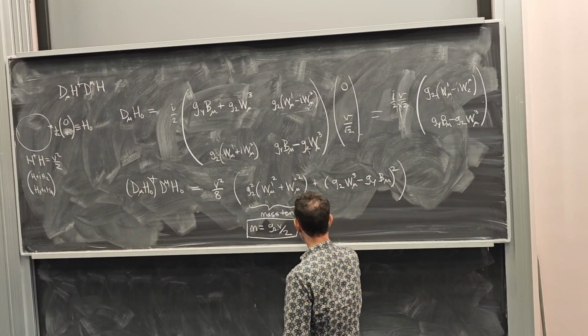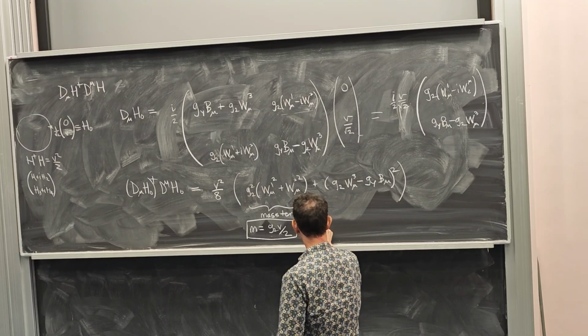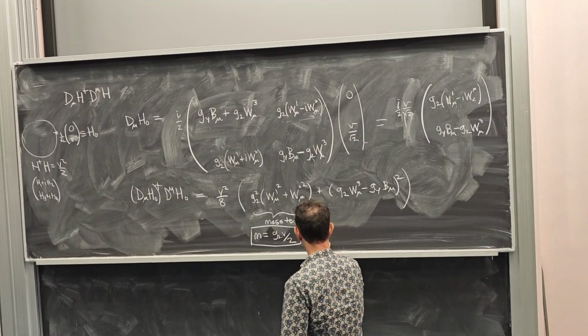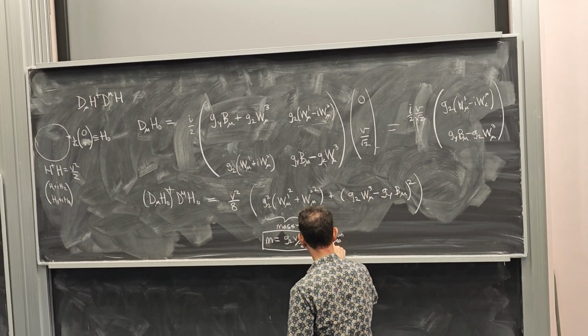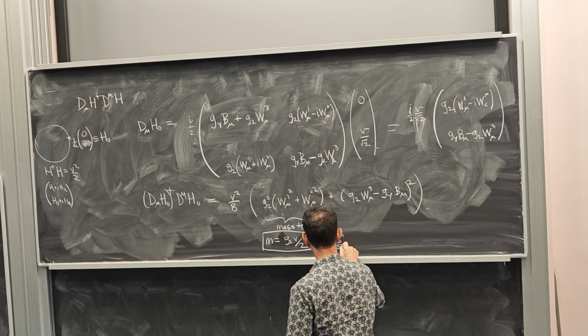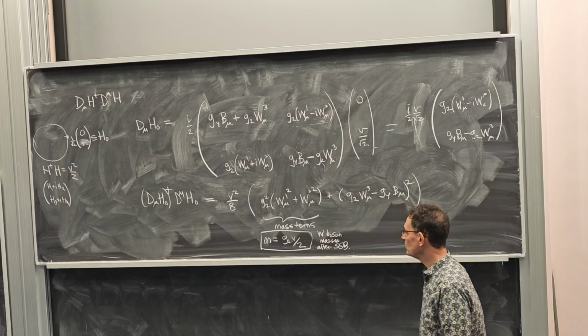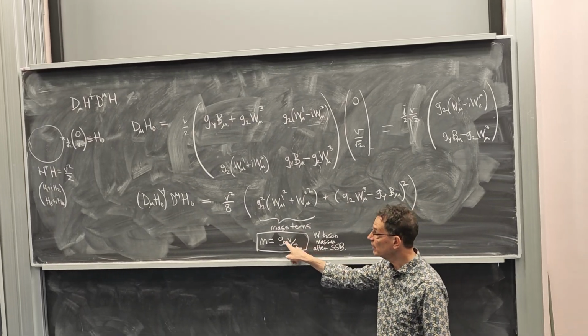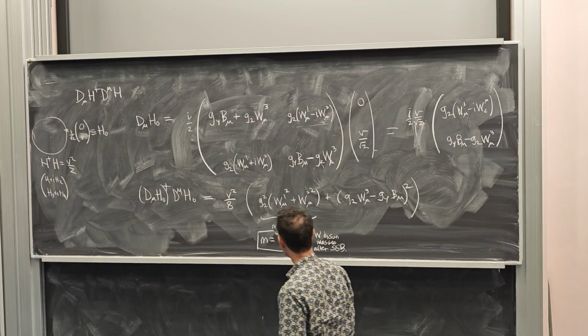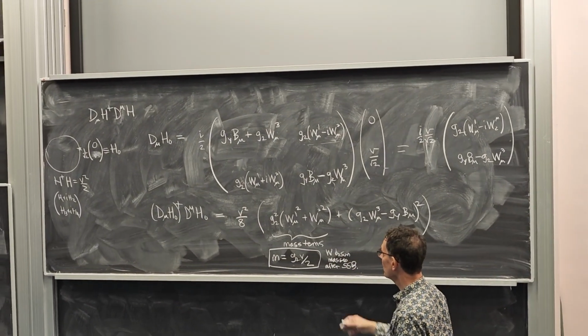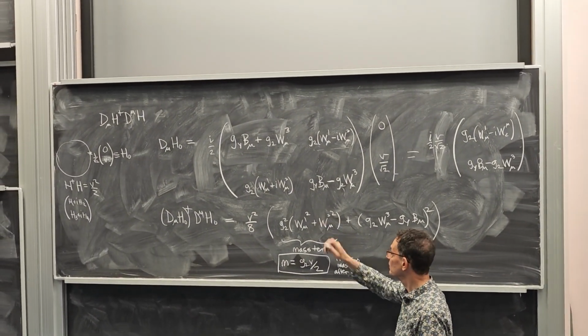Okay, and this is the W boson mass. Masses after spontaneous symmetry breaking depend directly on this number V, the vacuum expectation value of the Higgs field.